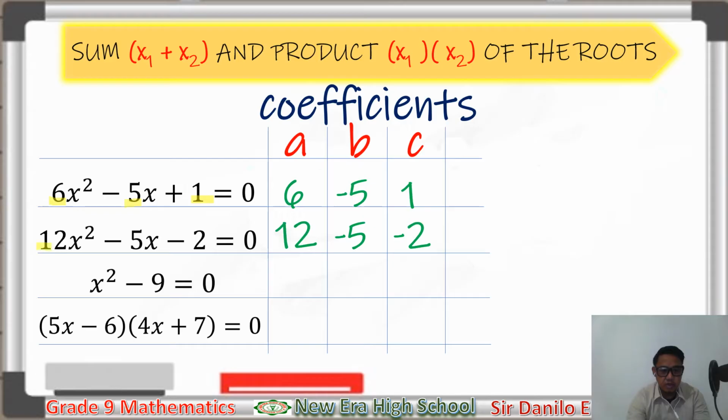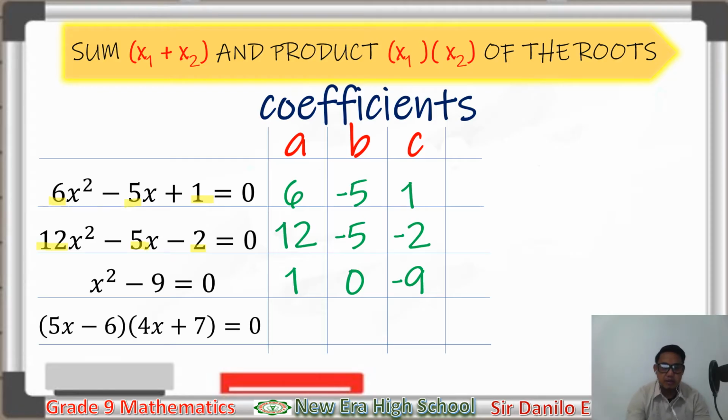This numerical coefficient, that is your a, b, and c. Dito naman, a is 1 and b, I guess you can guess it, we don't have bx, so b is equal to 0. Then c is equal to negative 9.